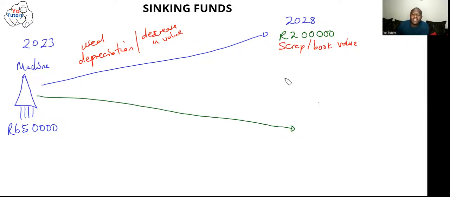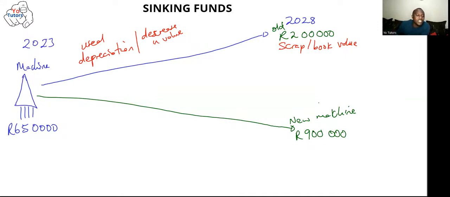Remember, this one is an old one, and we want to buy a new machine. The new machine is now costing, for example, 900,000. So in this case the machine has appreciated, the amount increased.